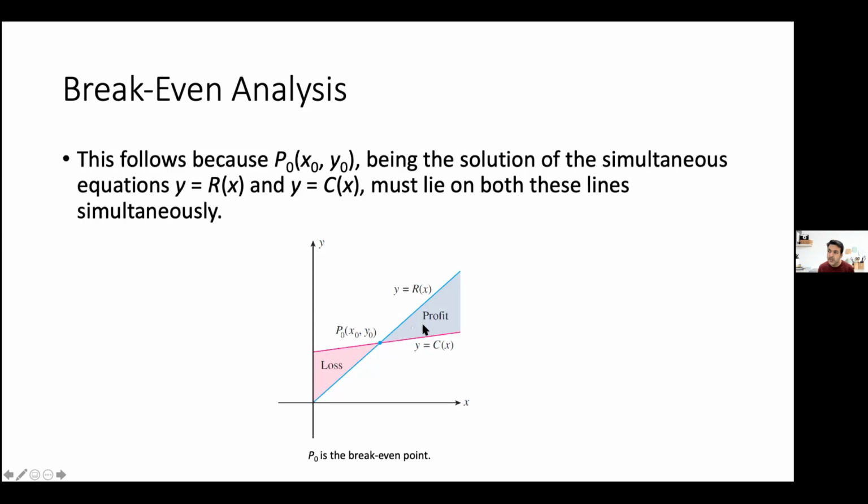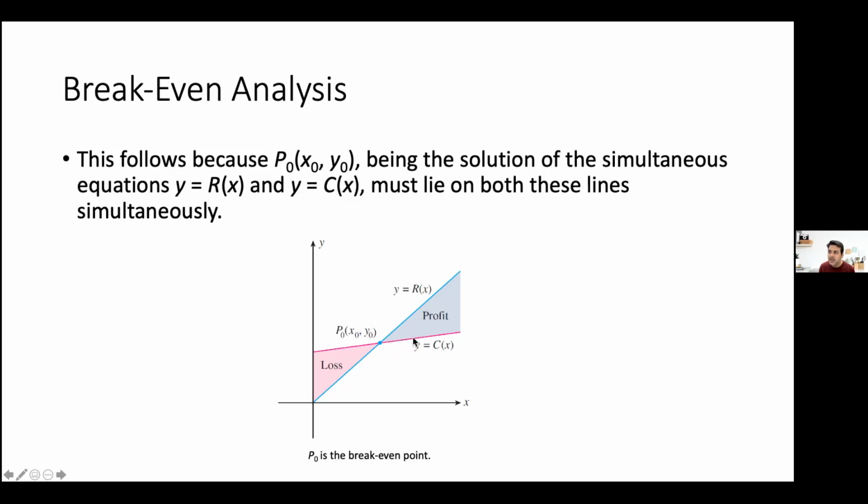So here is the profit area, here's the loss area. That means what? Here is the X and here's Y. If we produce less than this special X naught, you're going to lose money. More than this, you're going to gain money. How much you gain is simply, you need to find out this area, right?